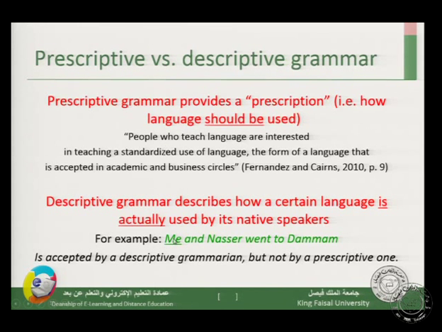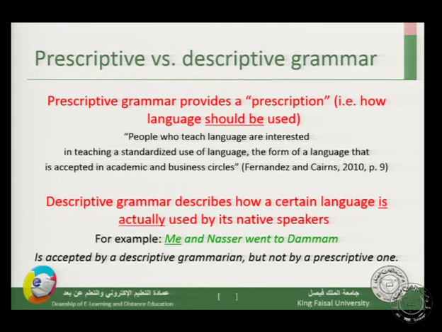A prescriptive grammarian will tell you that you should say I and Nasser rather than me and Nasser. But when you observe native speakers, you will find that it is widely common that they use such terms. They use me and Nasser went to Dammam, for example. Native speakers of English can say me and Peter went to the cinema.